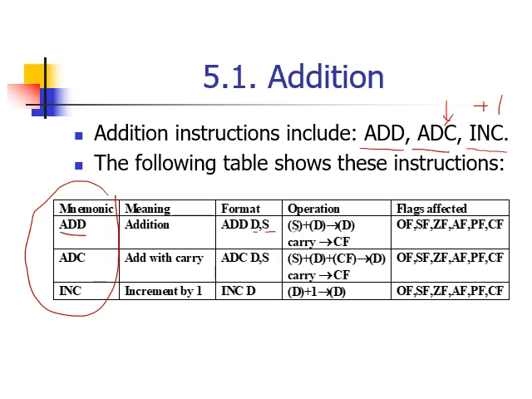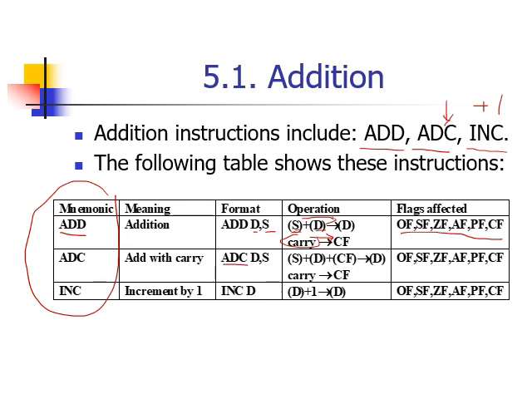The content of the source is added to the content of the destination, and the result is placed in the destination, and these flags are going to be affected. And if a carry is produced out of this addition, you place the carry inside the CF, the carry flag bit.